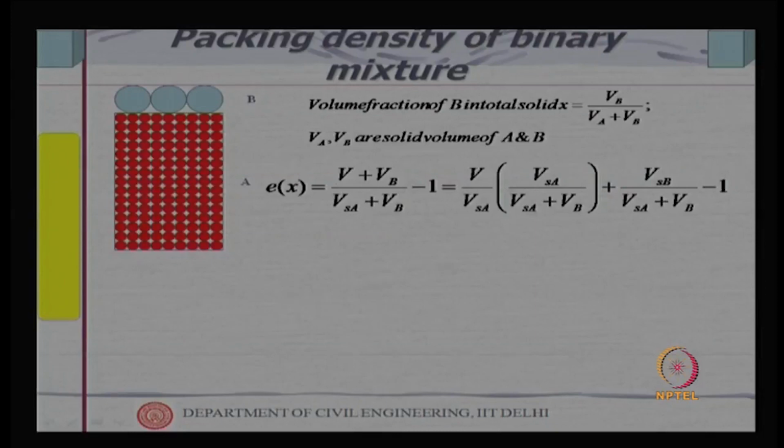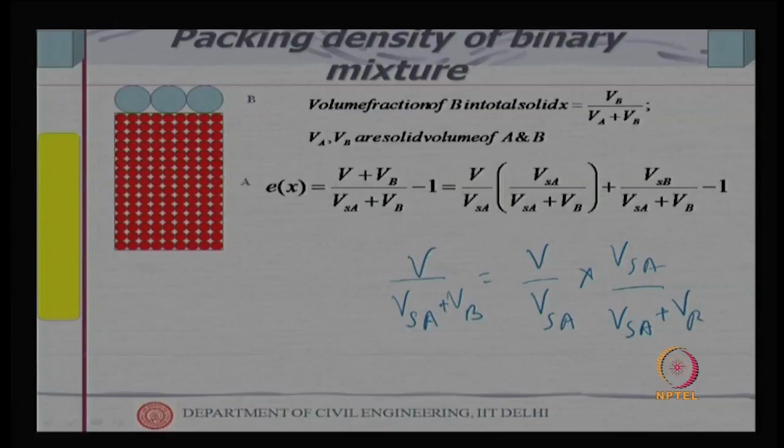So, I can write it out like this: V by VSA plus VB can be written as V by VSA multiplied by VSA by VSA plus VB. So, what is this actually? This is the total volume divided by volume of solid, and this is packing density of the whole thing.